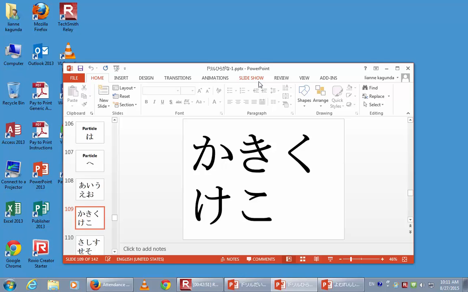Gochisosama deshita. Who remembers what that means? Thank you for the meal after you've eaten. Yes, it's literally like that was a feast. That's the literal translation. Gochisosama deshita. That was a great feast, something like that.